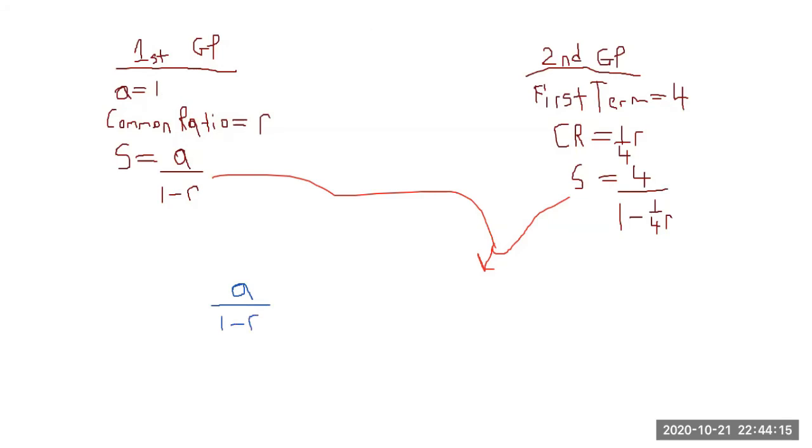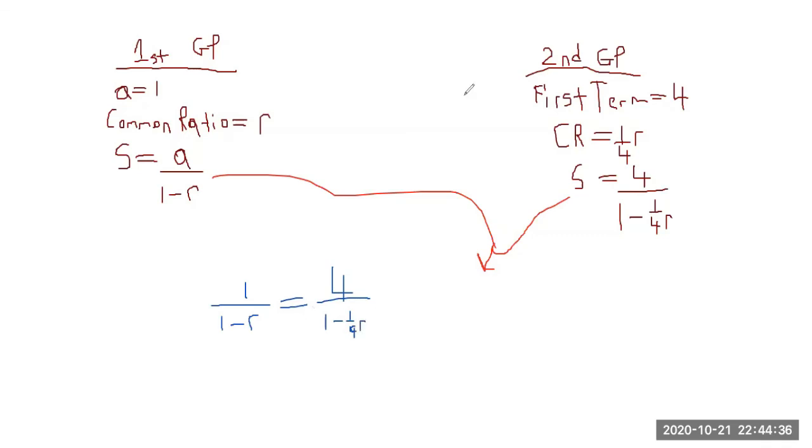The first term for the first one is 1. So 1 over 1 minus r is equal to 4 over 1 minus a quarter r.